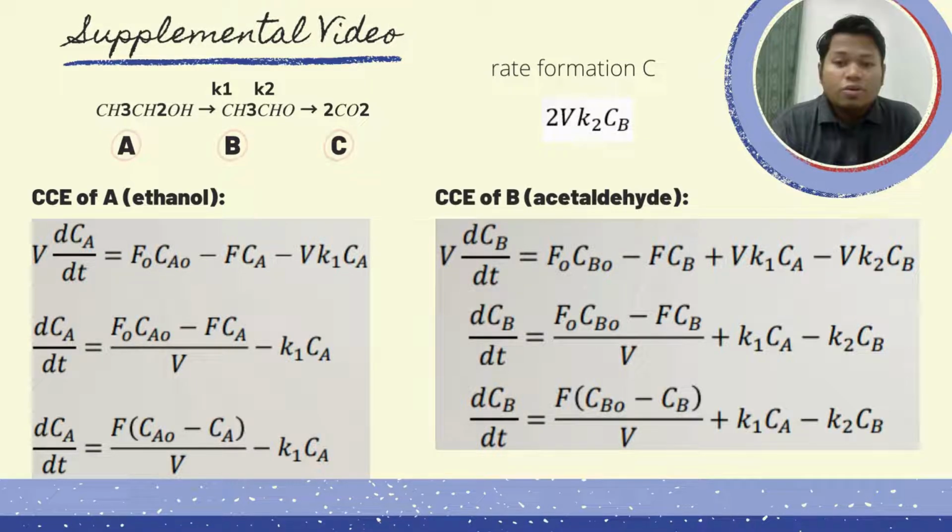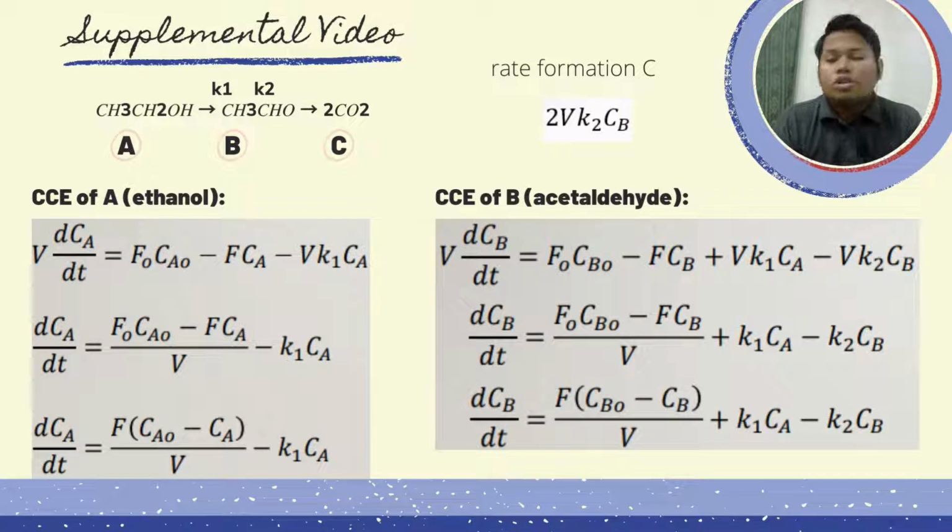And for CCE on B, the rate of formation is written as positive V K1 CA, since B is the product of reaction K1, minus V K2 CB, and the negative symbol indicates B is the reactant.